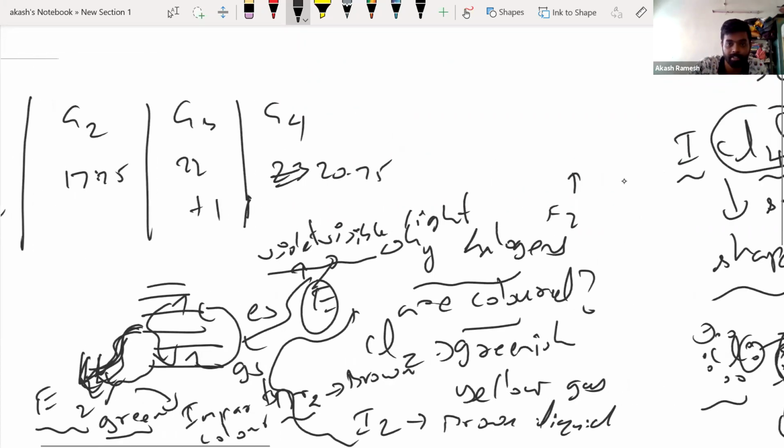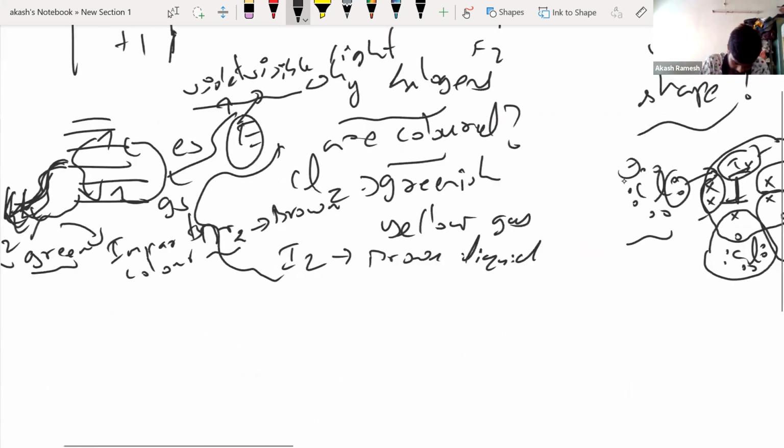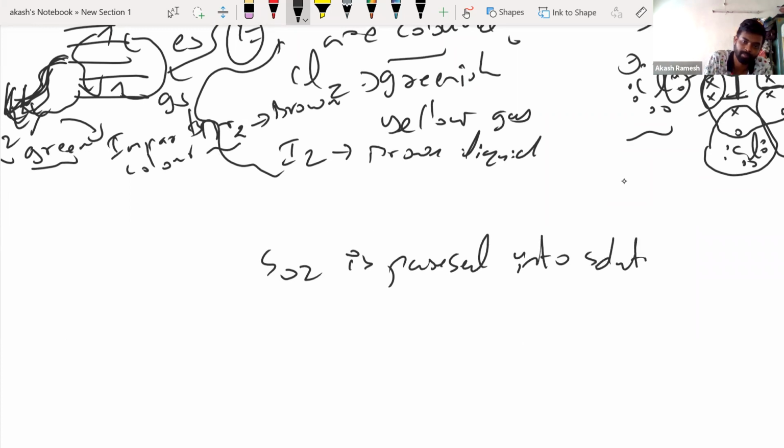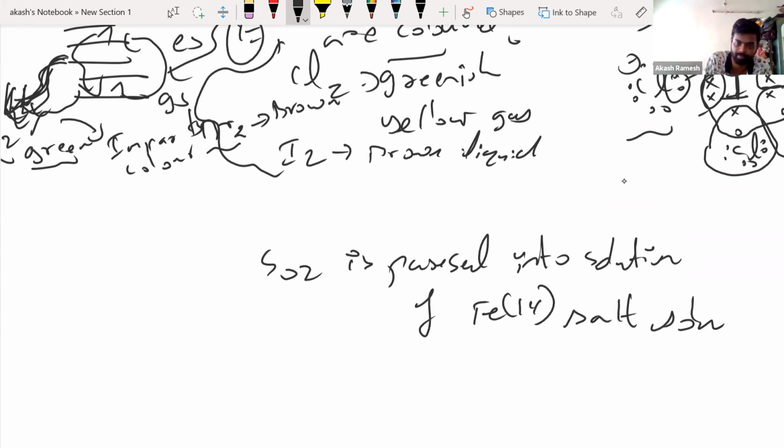Okay, the question is, when SO2 is passed into a solution of an iron 3 salt solution, what will happen?